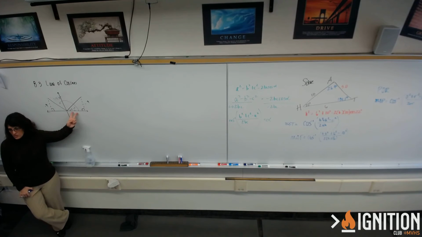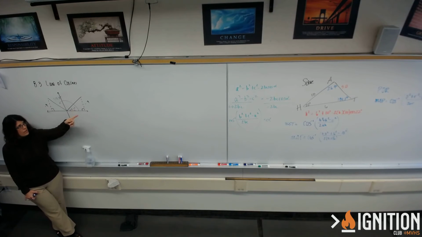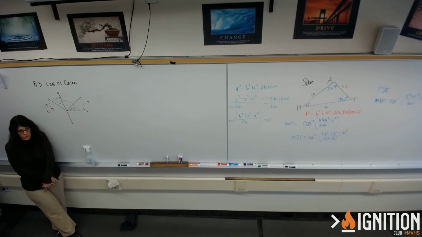Two possible answers. Sine is positive in quadrant 1 and quadrant 2, and from 0 all the way over, that's 180. And angles between 0 and 180 fit into a triangle. Agreed? Okay.